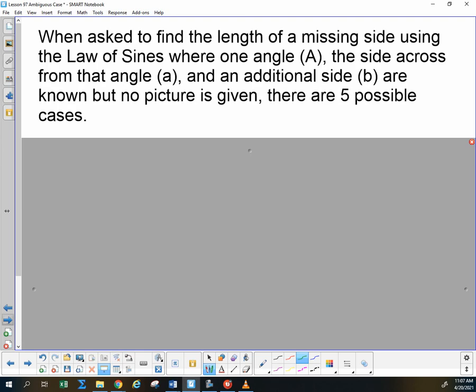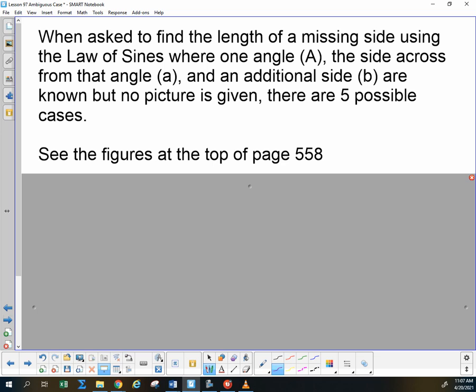So let me put some pictures up here of different things that might be happening as we're doing these. And for all of these, we are going to talk about triangles where they give us one angle, so we know how big that is. They tell us how big the opposite side is, so we have a number for that.